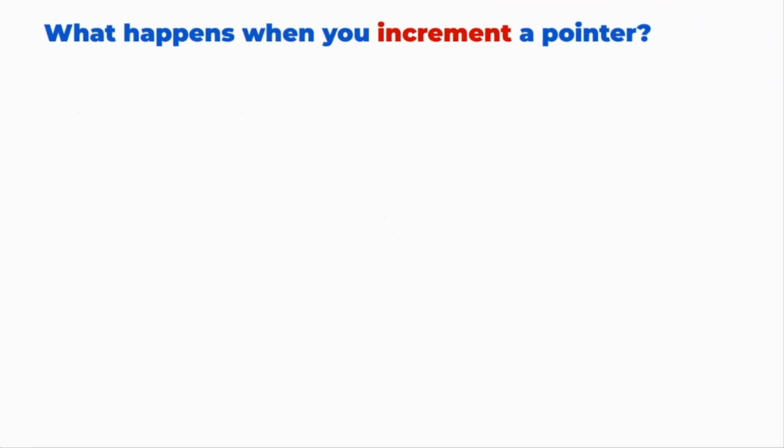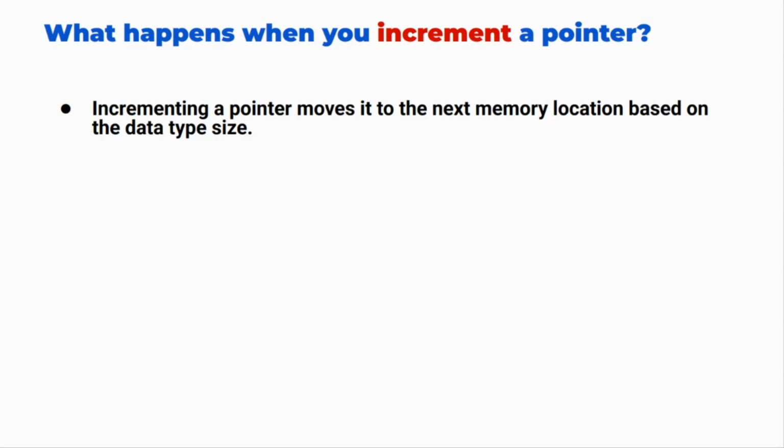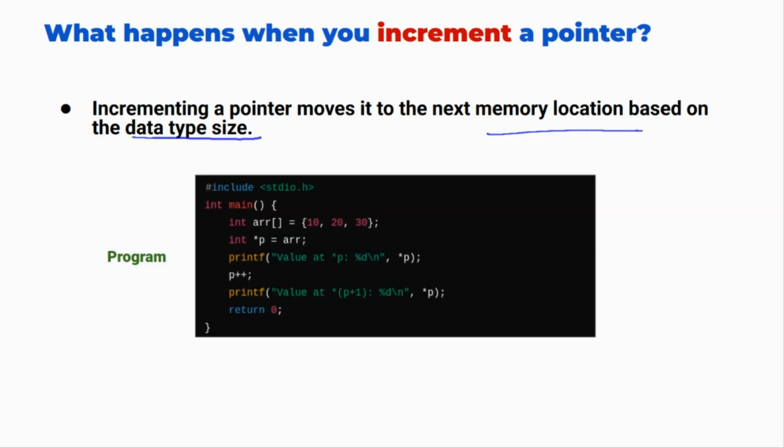What happens when you increment a pointer? Incrementing a pointer moves it to the next memory location based on the data type size. Let's understand with the help of this program. Here we have an integer array containing values 10, 20, 30. Let's say this array is represented in memory like this. So we have a starting address, say 1000.